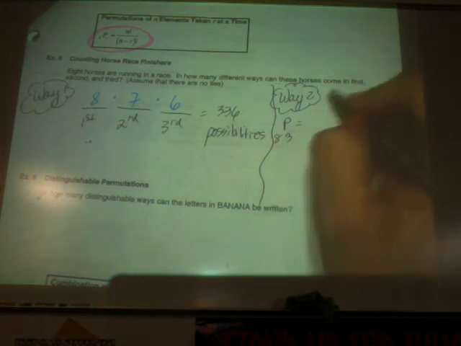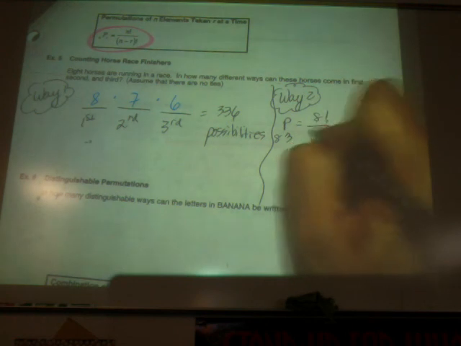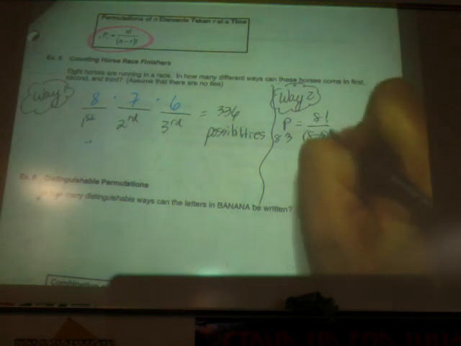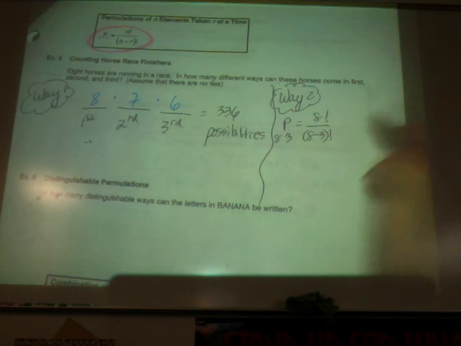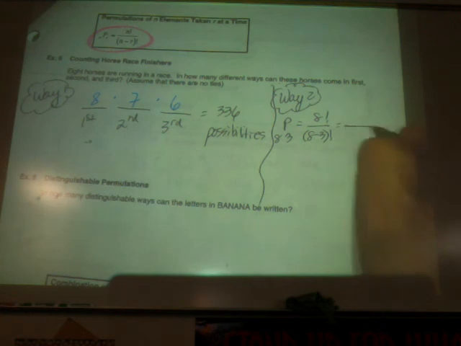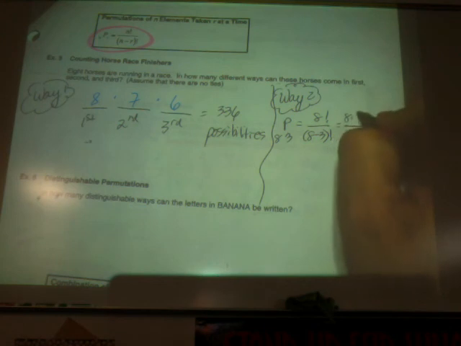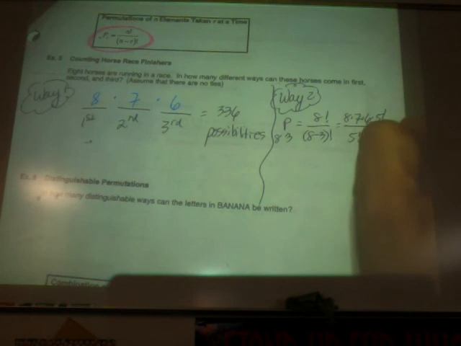And so for a permutation, wouldn't I have 8 factorial over 8 minus 3 factorial? So we've learned 8 minus 3 factorial is what? 5 factorial. So here's how I'm going to write it, because we're in pre-calc. We know what it means. So we're going to do 8 times 7 times 6, and I'm going to stop at 5 factorial.